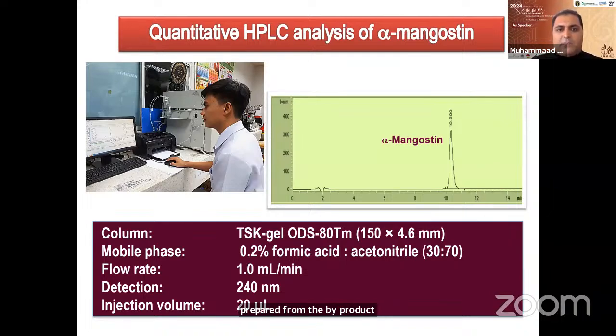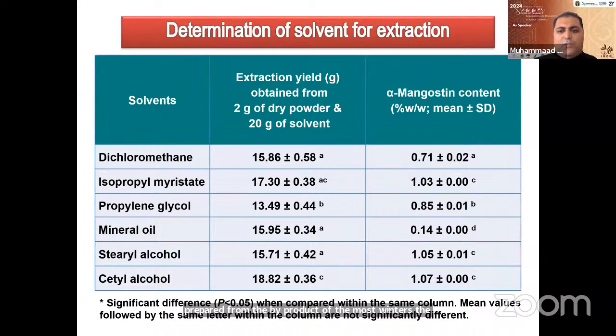And it has been analyzed by HPLC, and we found that in different solvents, like in dichloromethane, you can see the yield of the extract is 15% and alpha mangosteen is 0.1. But interestingly, in stearyl and cetyl alcohol, the yield of the extract is equivalent to dichloromethane, and the content of the mangosteen is more than the dichloromethane.